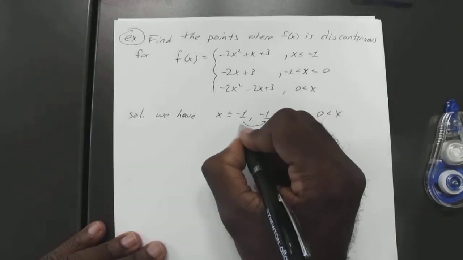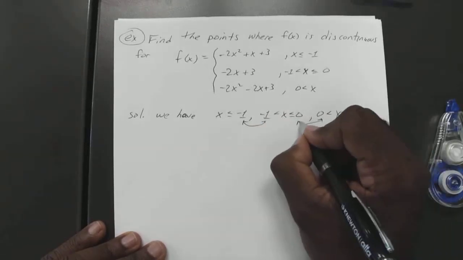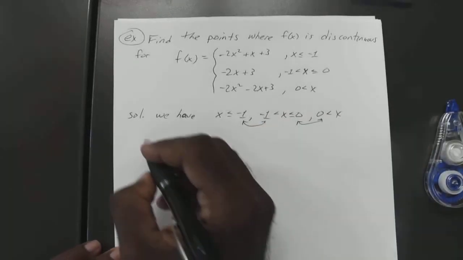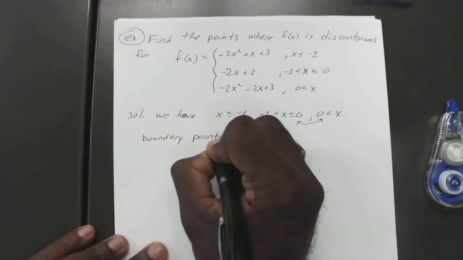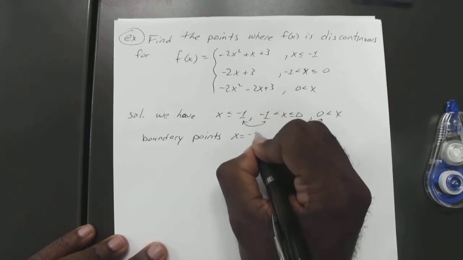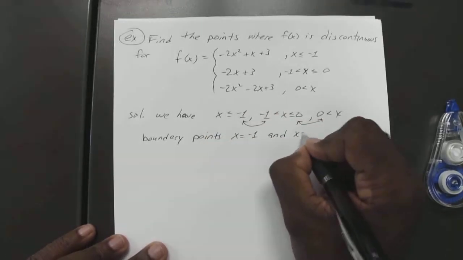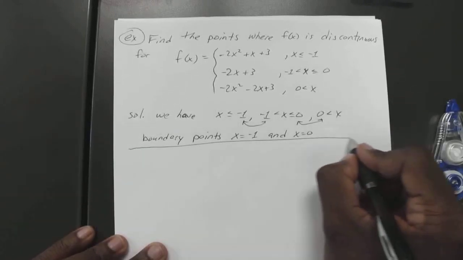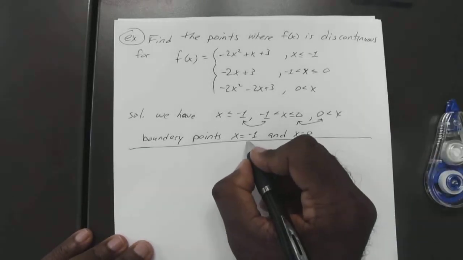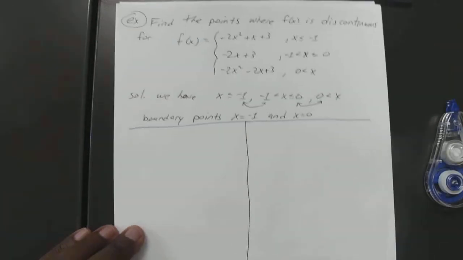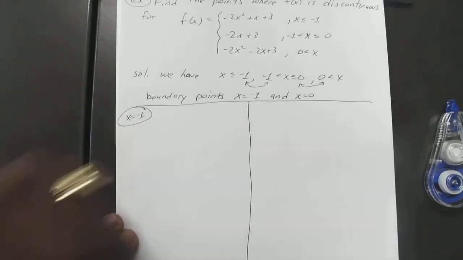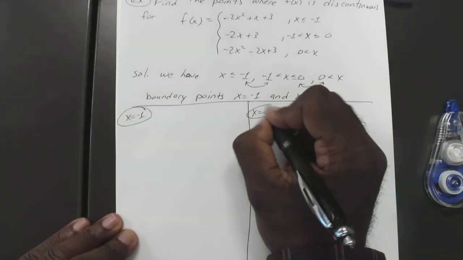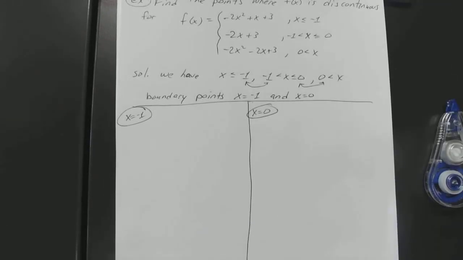So we already know that our boundary points are x equals negative 1 and x equals 0. Okay, so we go ahead and separate our page. We have x equals negative 1 on this side and x equals 0 on that side. And then we just do our steps.